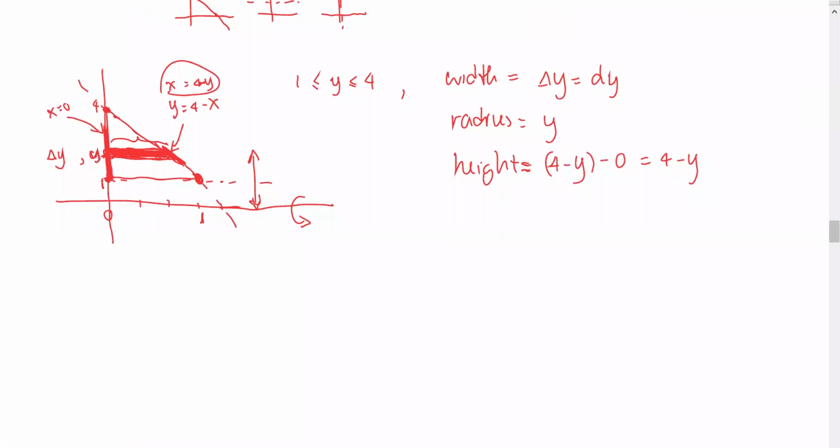Now we put it together as a definite integral representing the volume of the solid of revolution. V equals the integral from positive 1 to positive 4 of 2 pi times the radius, which is y, times the height, which is 4 minus y, times the width, which is dy.